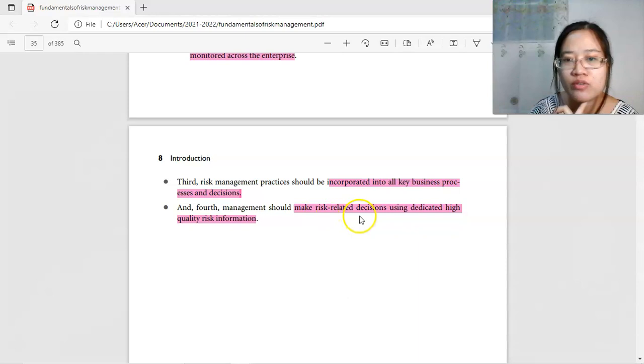Management should make risk-related decisions using dedicated high-quality risk information. And another important thing is gathering of information, kasi decision-making din naman itong risk management. They would only be able to provide proper responses kung kompleto din yung input or yung information na magagather nila.